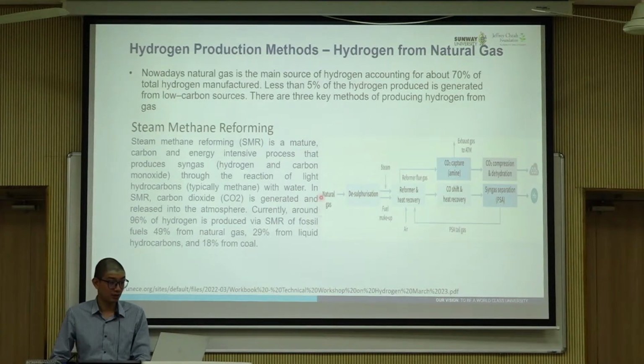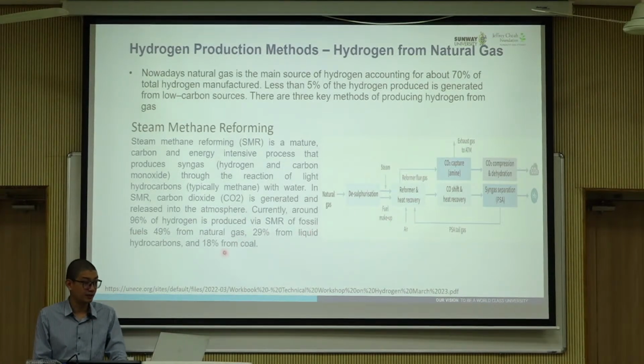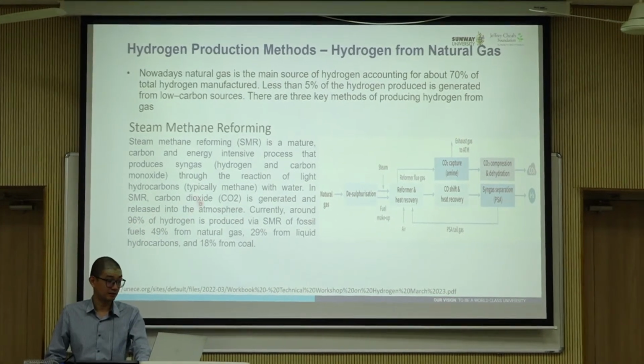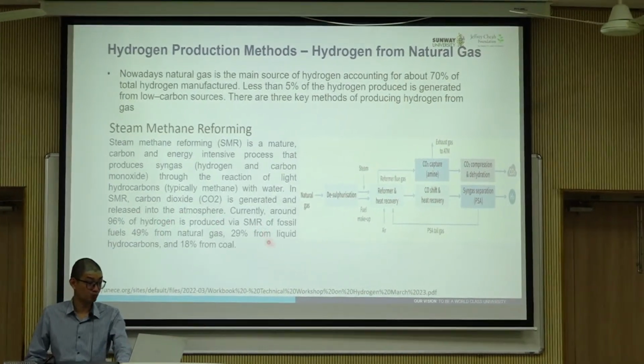it will produce a lot of harmful emissions. Currently, 96% of steam reforming is from fossil fuels. 96%, of which 49% is from natural gas, 29% from liquid hydrocarbons, and 18% from coal, totaling 96% like I mentioned just now.